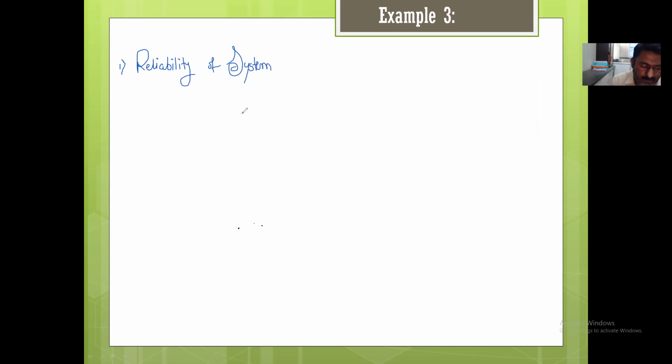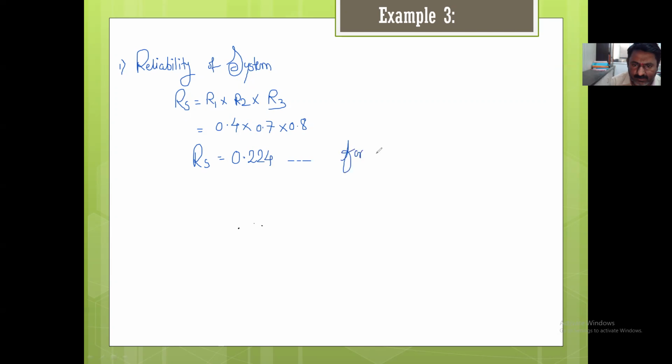So R_es, I will not write all the things, R1, R2, R3, you are getting all these things. R_es is 0.4 into 0.7 into 0.8. So the reliability of the system is equal to 0.224 for a mission of 400 hours.